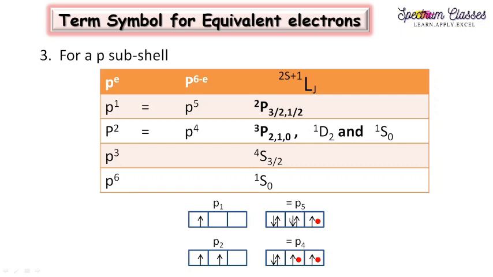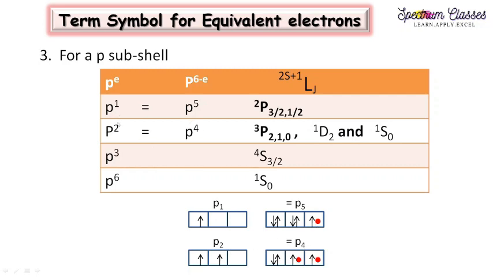And what about the p5? P5 is having 5 electrons with one vacancy. This red color suggests the hole. So one electron or one hole, two electrons or two holes. In this manner, these two configurations P1 is equal to P5 and P2 is equal to P4.